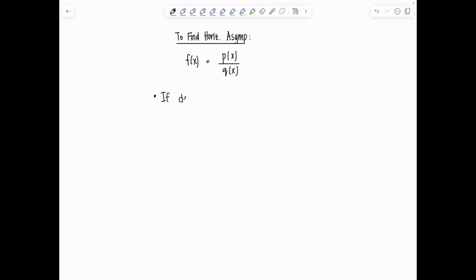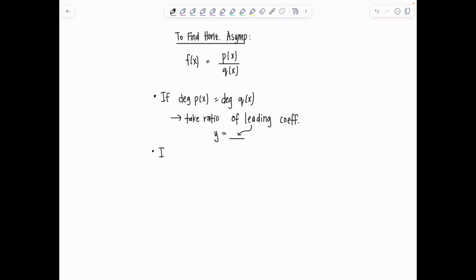If the degree of p of x is equal to the degree of q of x, then you take the ratio of the leading coefficients, and then that ratio is whatever your horizontal asymptote is going to be once it's simplified.